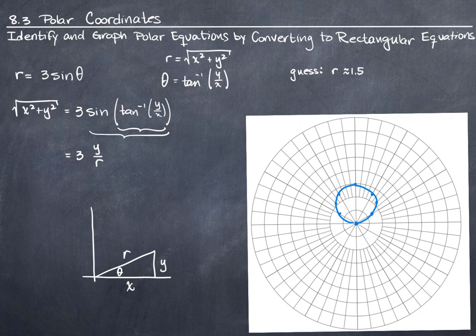My left-hand side is still the square root of x squared plus y squared. And now I've got everything in x and y except for this r right here. But guess what? R is just the square root of x squared plus y squared. So let's rewrite it again. Left-hand side doesn't change. 3 times, let's write it as 3y over, not r, but the square root of x squared plus y squared.